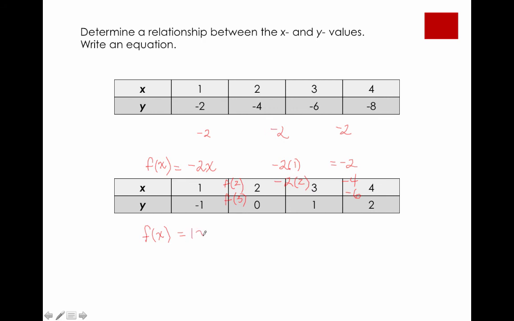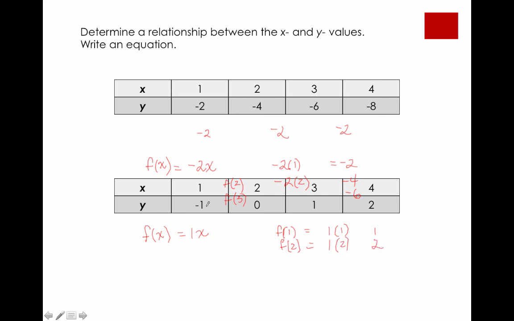So if I were to plug that in, F of 1 should then equal 1 times 1, or 1. F of 2 should equal 1 times my value of 2, which would be 2.